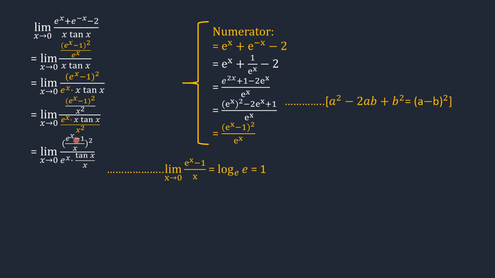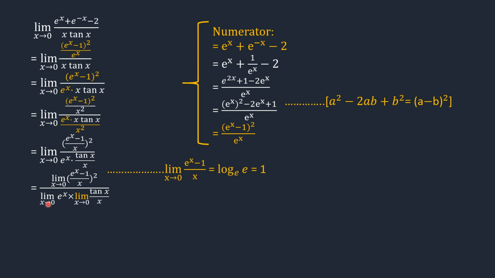Now we will write separate limits for this one, and this one. So in the next step, we have three limits. First limit, second limit, and third limit. Now the value of this limit according to this formula will be ln e or 1.